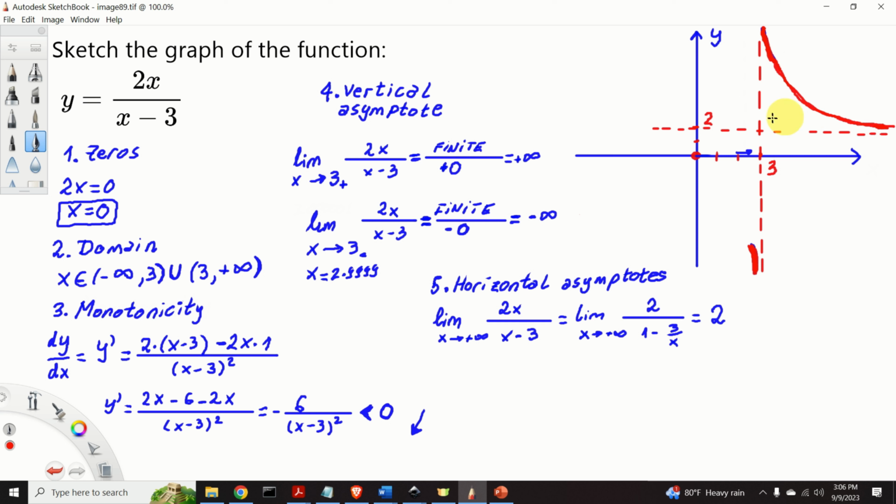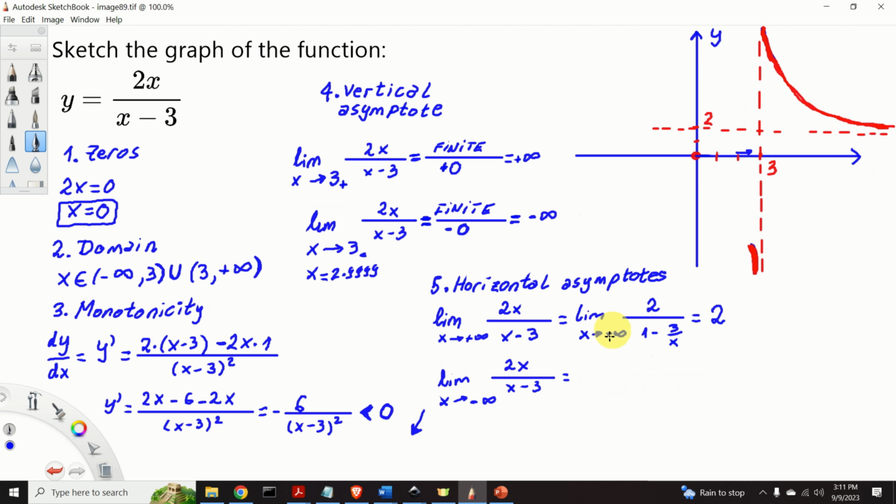Now, let's see the other horizontal asymptote. To determine the other asymptote, we need to evaluate the limit when x goes to minus infinity. That is, we want to see what happens with this function when we approach minus infinity. Let's write this limit properly.